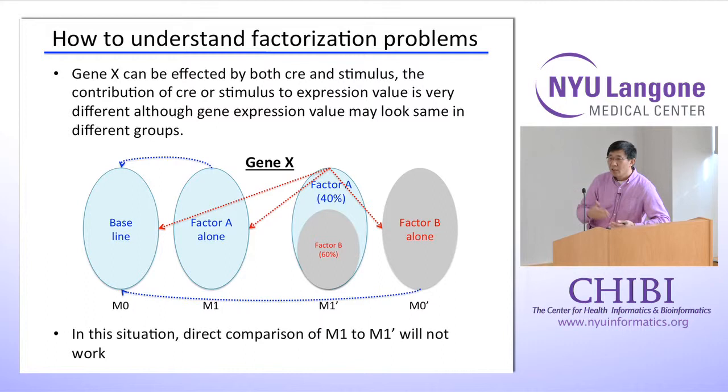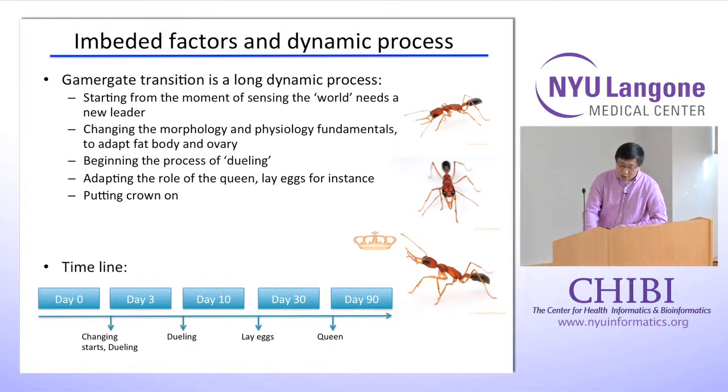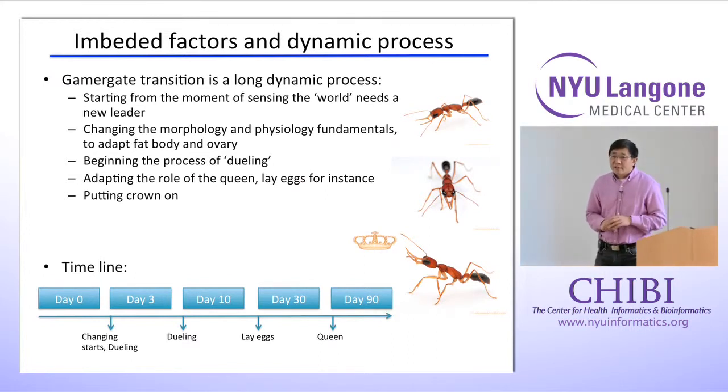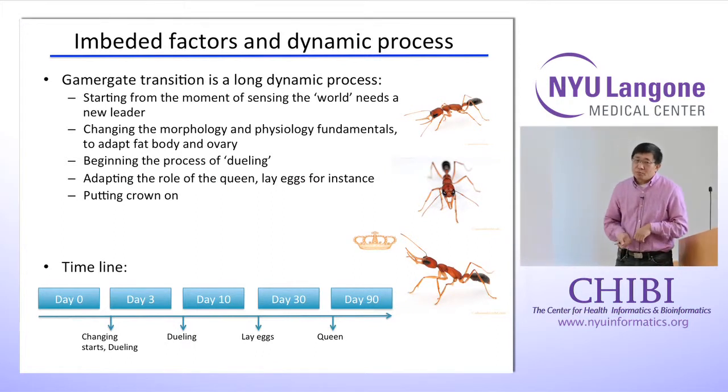That's why we need to determine how to tell the system to get the expression value correct for the interaction term.